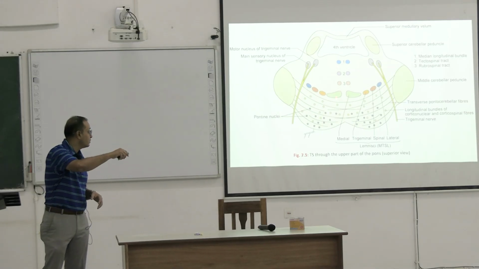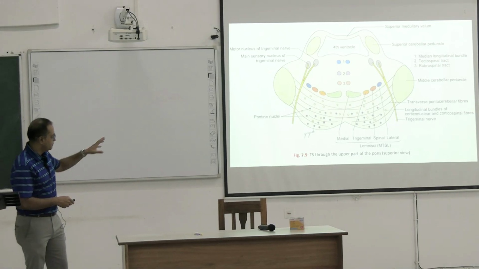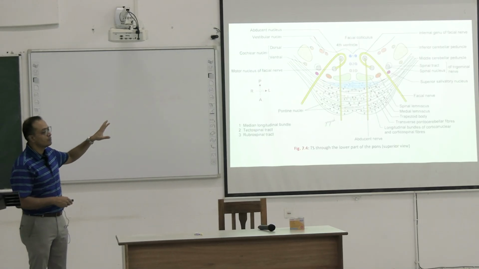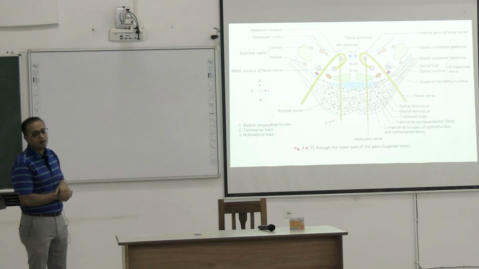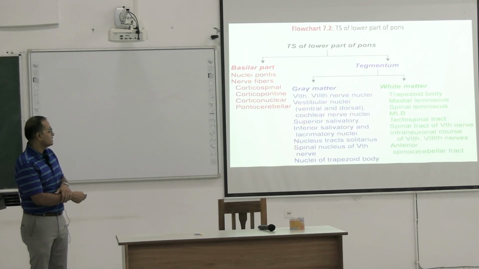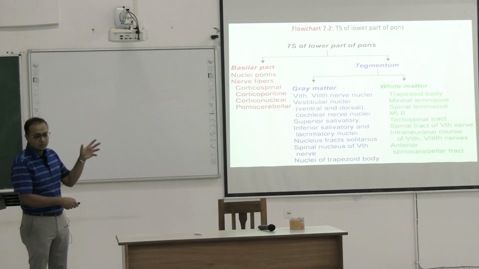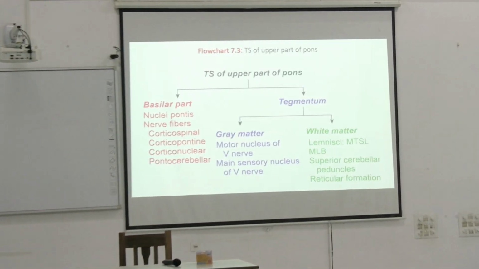In the dorsal part, you have to remember this more complicated arrangement. So this picture and this picture you have to remember and draw as schematic diagrams, pointing out the gray matter nuclei which are present and mentioning a couple of the white fibers. This is about the gross features of this region.